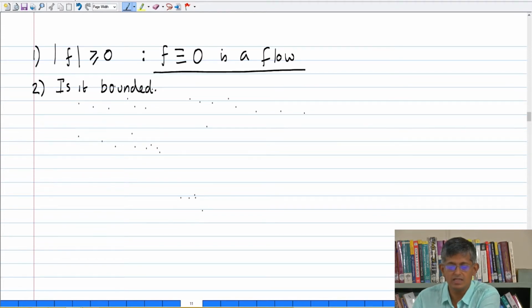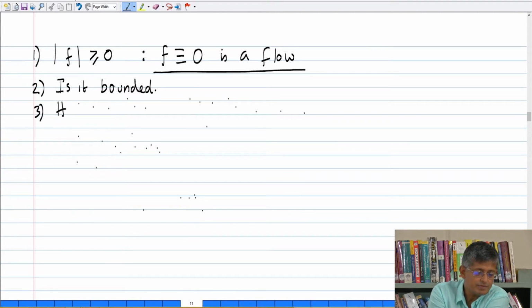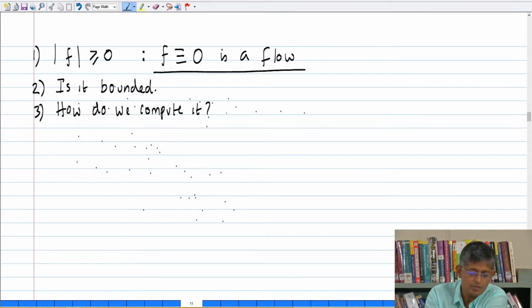Meaning, is it possible that for a flow network, the value of f is infinity? And the third question, how do we find it? Compute it. And secondly, we will be interested in how to compute it efficiently.